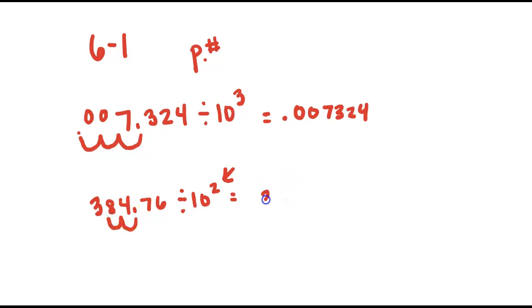So now my quotient is 3.8476, or 3 and 8,476 hundred thousandths. I think that is how you would say that. Check me on that. If I'm wrong, correct me.